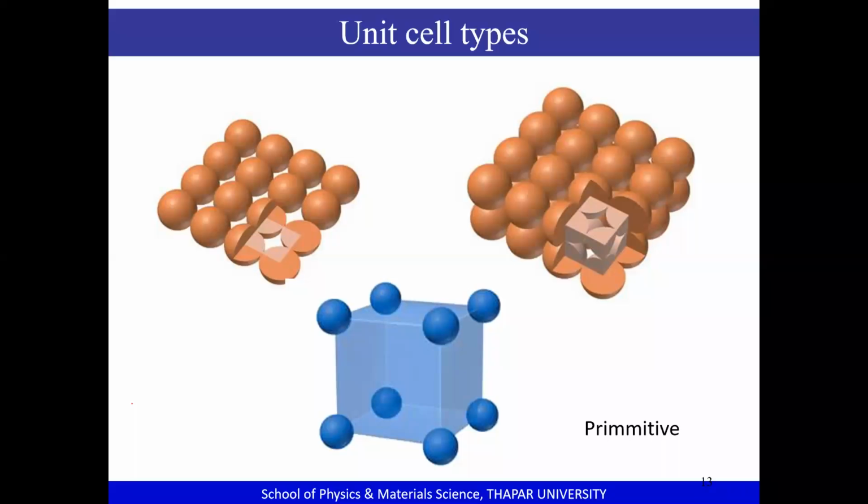Wherever your unit cell contains only 1 lattice point, the unit cell is referred to as the primitive unit cell. All primitive unit cells are referred to as simple. So if it is a cubic unit cell, we will call it simple cubic. If it is a tetragonal unit cell, we will call it simple tetragonal, and so on and so forth.